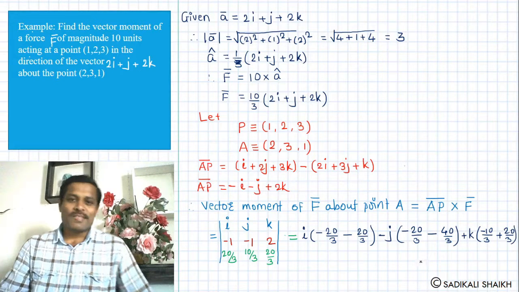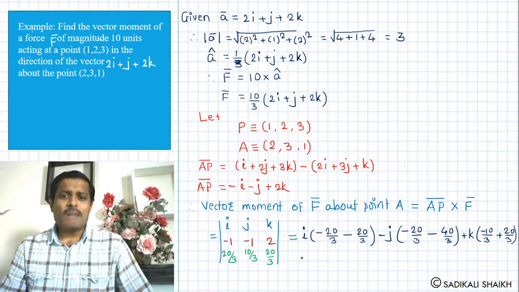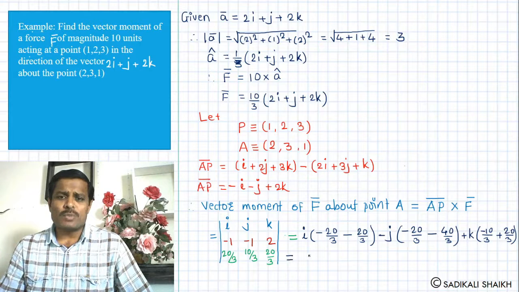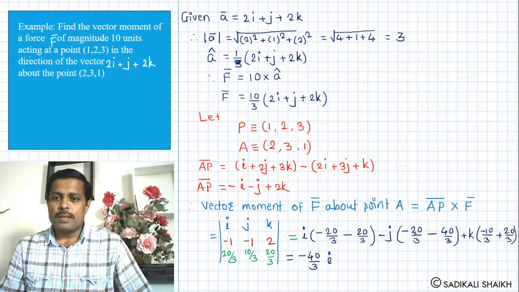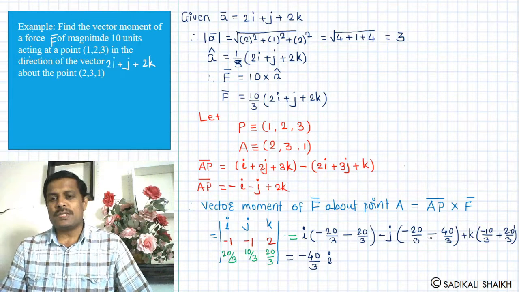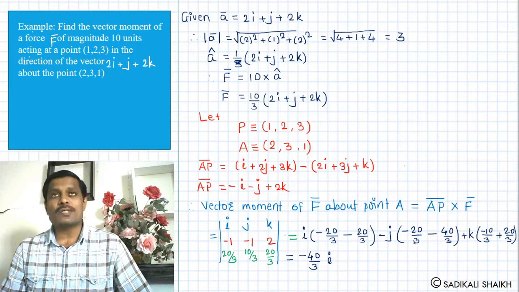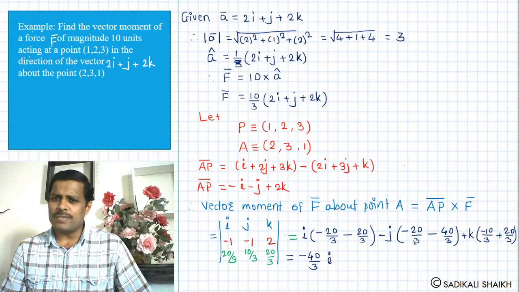Wow, हो गया. अब जस्ट सिंपल इसका एडिशन करना है, इसका एडिशन आएगा minus 40 upon 3. This is I. Okay, ये हो जाएगा minus 60 upon 3. Minus 60 upon 3 is minus 20.